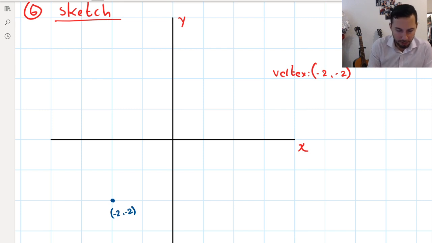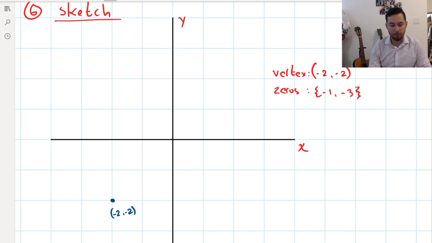Well, the next thing I want is my zeros, and I said that my zeros were -1 and -3. Now remember that my zeros have to be equally spaced from my vertex because I do have a line of symmetry going right down the middle, which creates equal spacing between my two zeros.